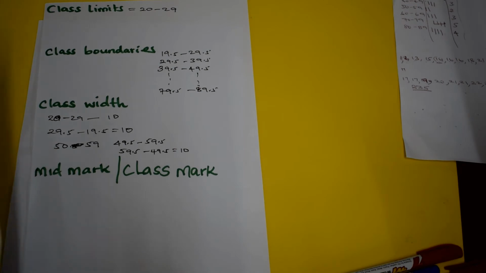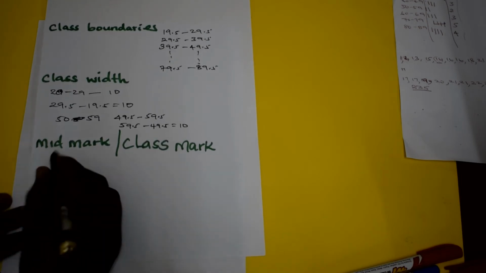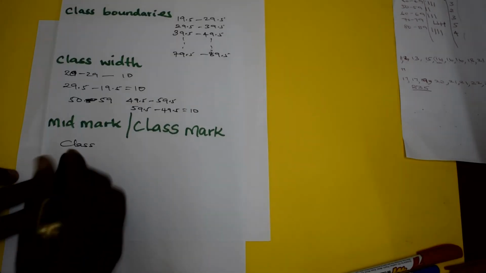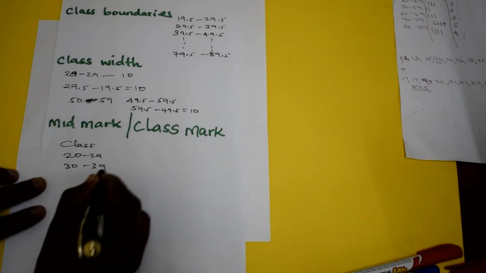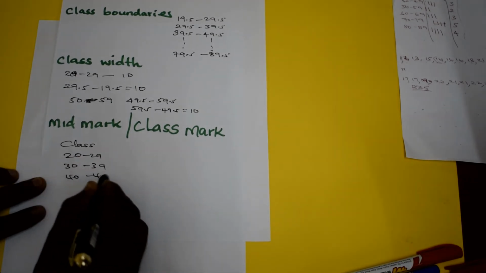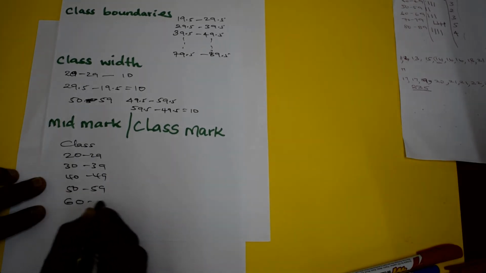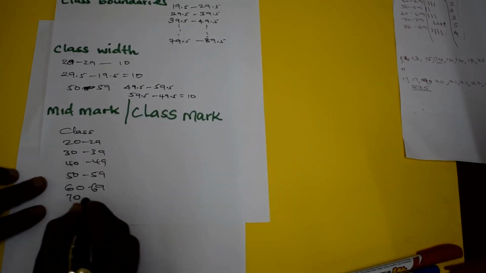The next important thing to know is the class mark, or the mid mark, also called the midpoint. How do we get it? From our classes, for example, now we have 20 to 29, 30 to 39, 40 to 49, 50 to 59, 60 to 69.